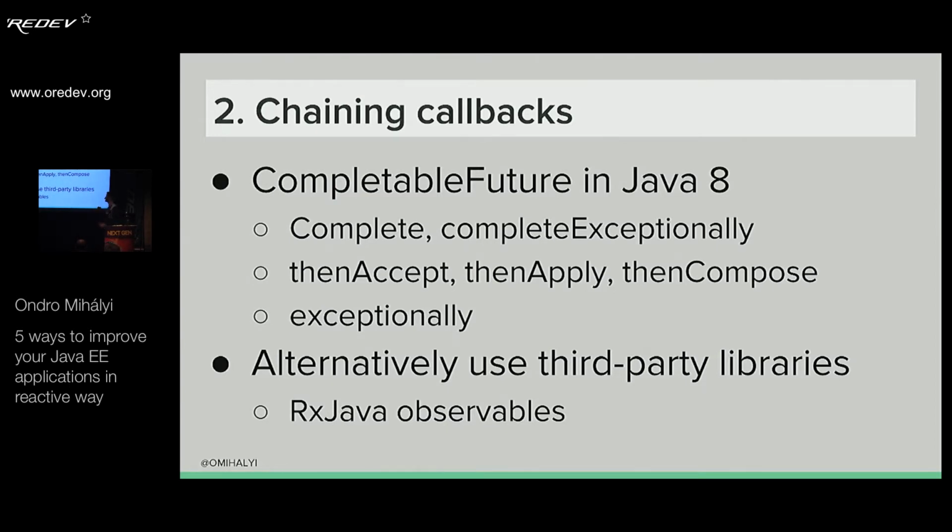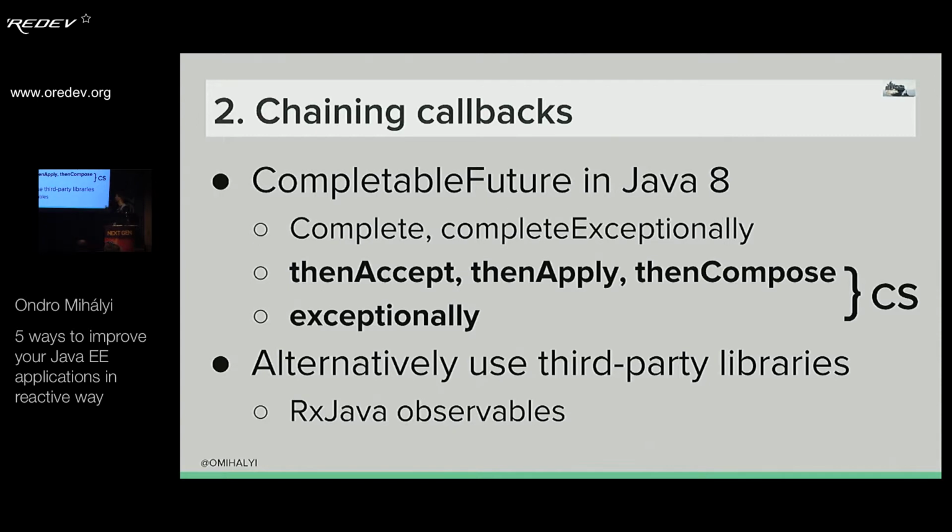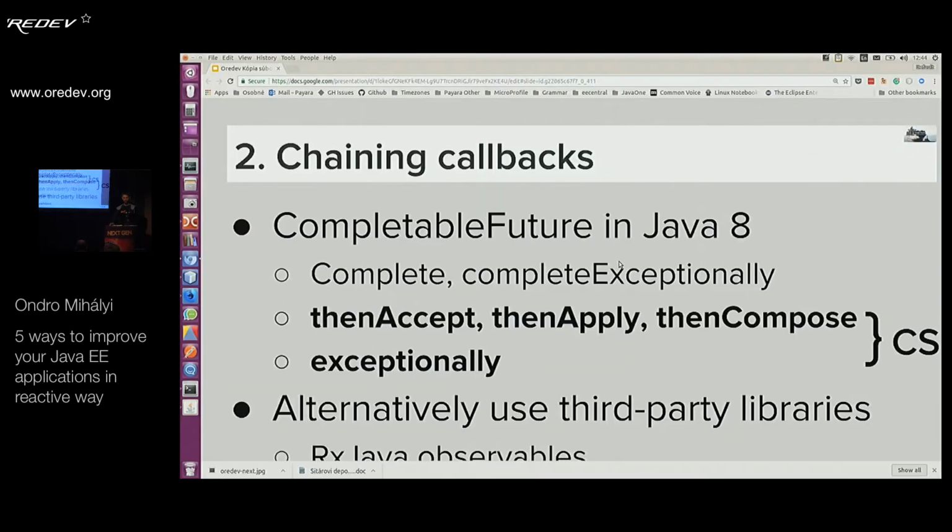But with CompletableFuture, you can start with quite easy, readable code and just call methods like thenAccept, thenApply, which will accept a callback. And you don't have to nest your callbacks inside. You can chain the callbacks so that the code is still quite easy to read.